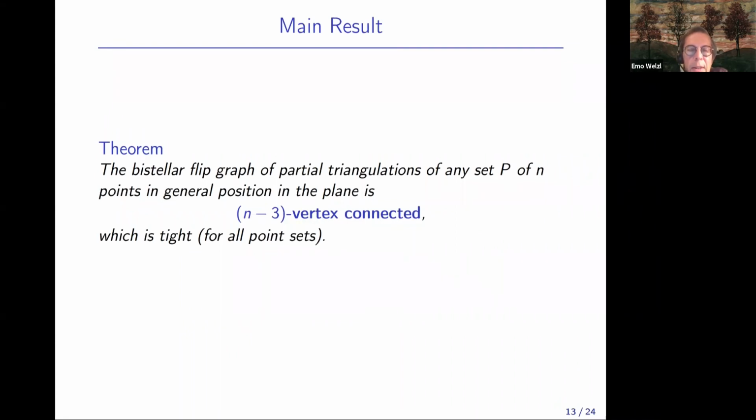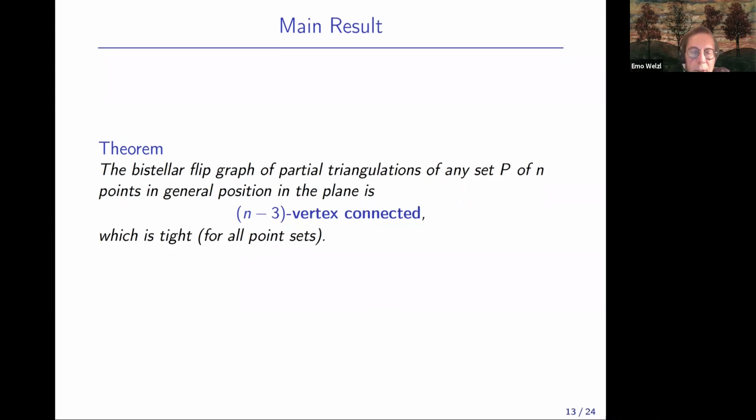Well, just take the h extreme points, skip all the other n-h points, and look at the triangulation of these h extreme points with n-h points skipped. Clearly this is a partial triangulation in which you can flip all the h-3 inner edges of the triangulation. And there are another n-h flips, because each of the skipped points you can just add. So this is n-h plus h-3, so this is n-3.